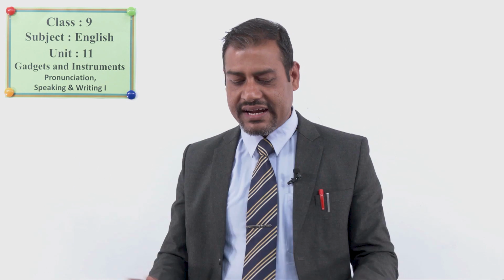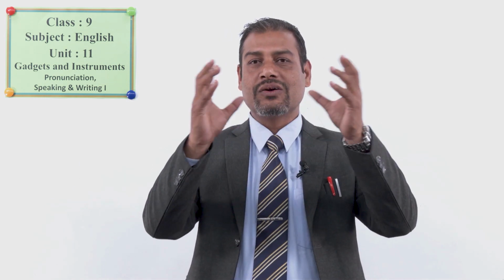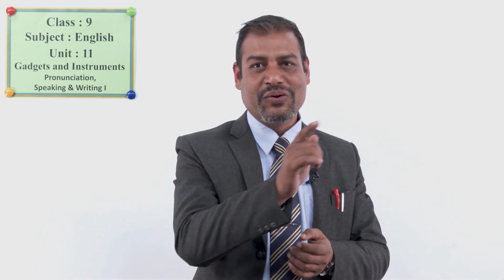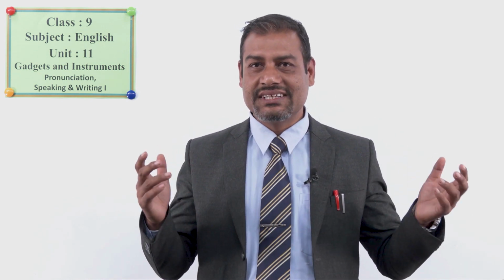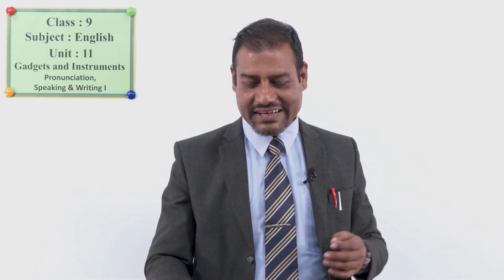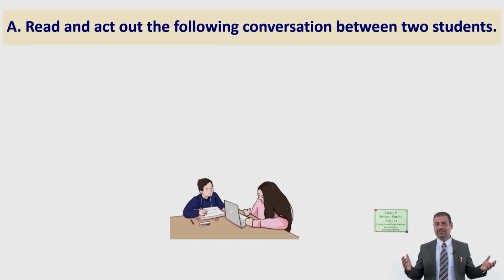Now, after this, I want to take you to another item, that is speaking. Under speaking, we are going to learn something new. And can you guess what it is? Okay, let me check whether you are right or wrong. To know that, first of all, you have to read and act out the following conversation between two students.